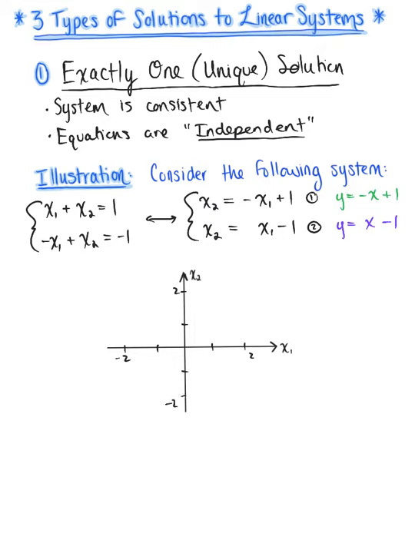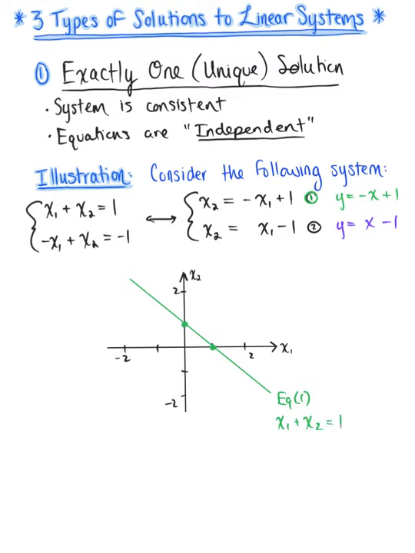Alrighty, so looking at equation 1 here, we can see that we have a y-intercept at positive 1 and an x-intercept at positive 1 as well. So to sketch this line, we simply draw a smooth curve passing through those 2 points. So here is our equation 1, or x sub 1 plus x sub 2 is equal to positive 1.